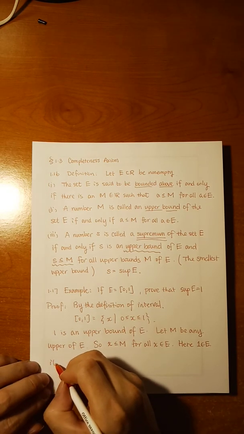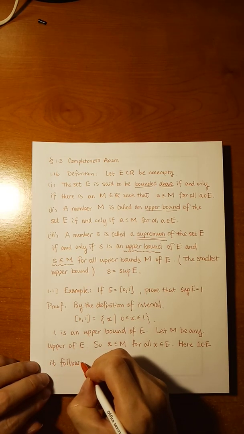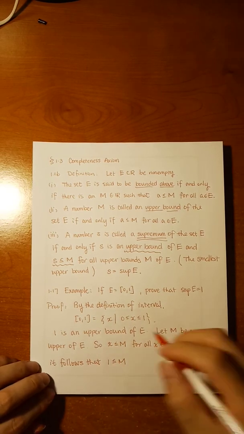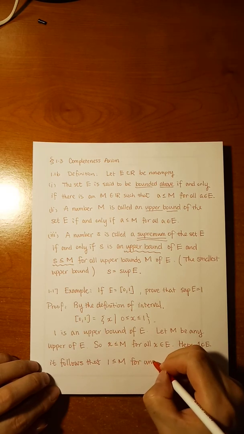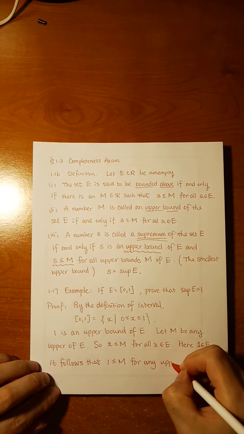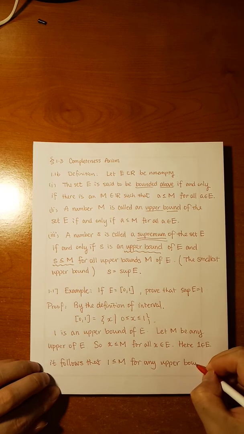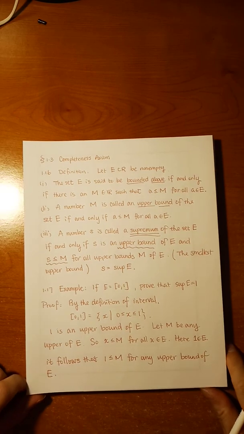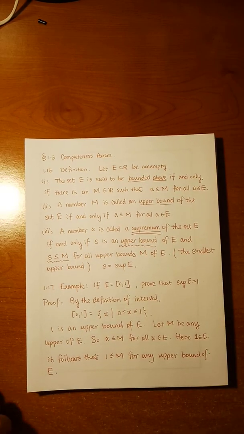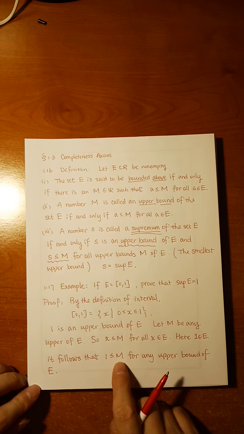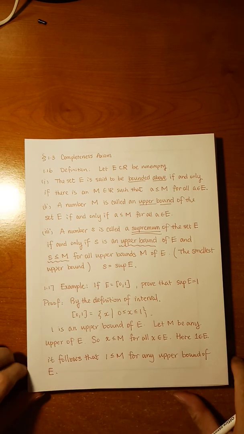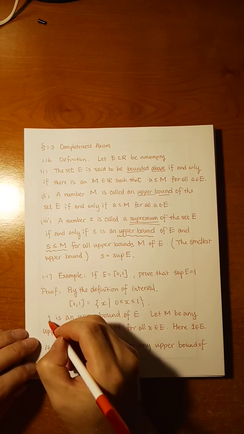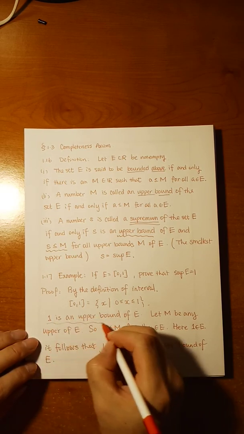So it follows that 1 is less than or equal to M for any upper bound M of E. All right? So from the definition of upper bound, we can see that 1 is less than or equal to M. So 1 is an upper bound, and 1 satisfies this condition.